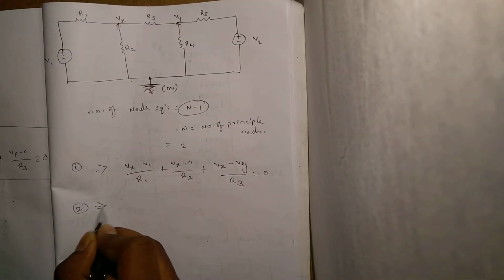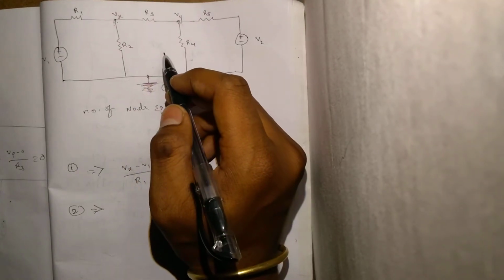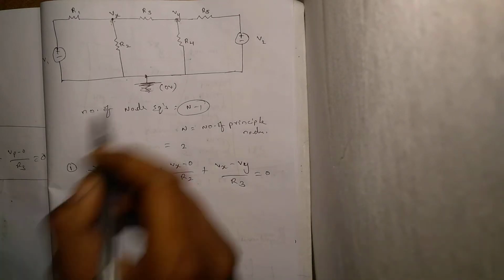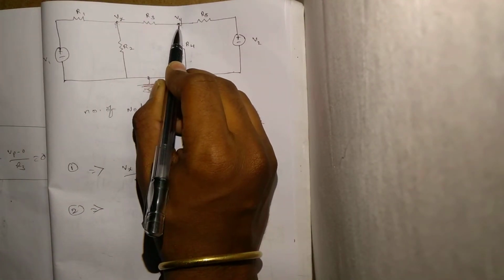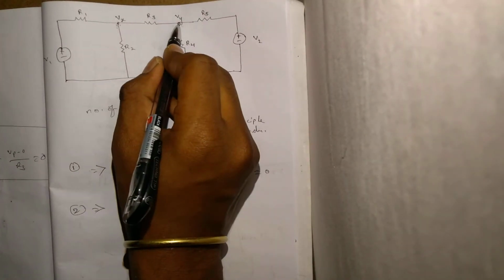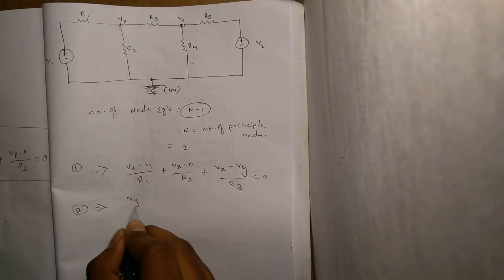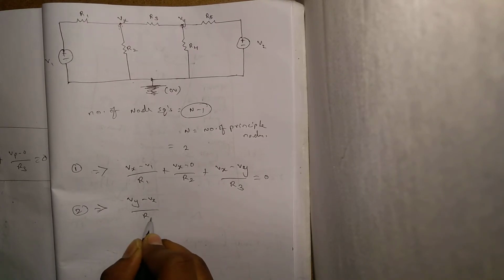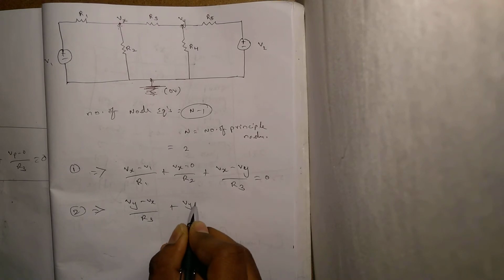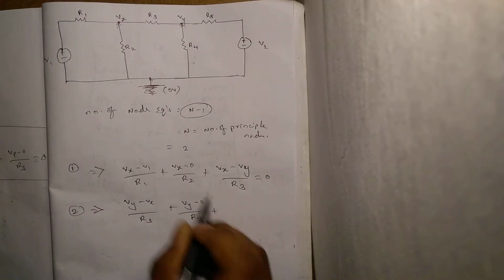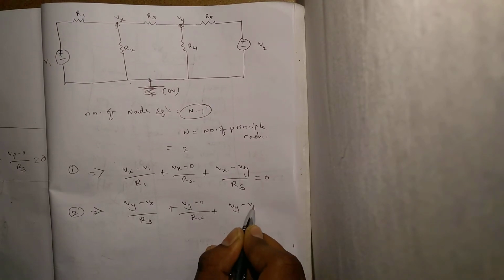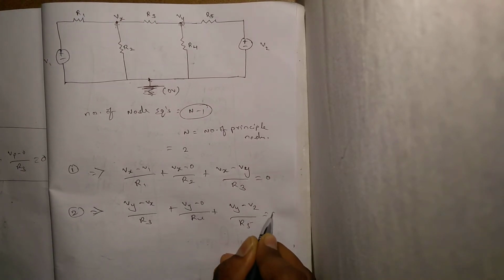And the second node equation: while writing the second node equation, you must consider that Vy is greater than any other voltage in this circuit. So Vy minus Vx by R3, plus Vy minus 0 by R4, plus Vy minus V2 by R5 is equal to 0.